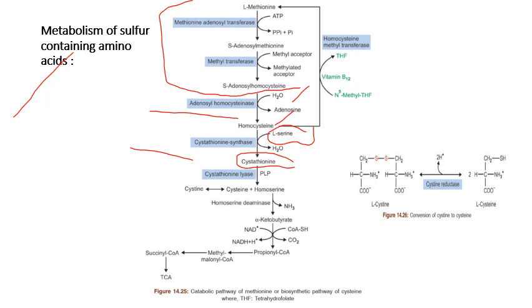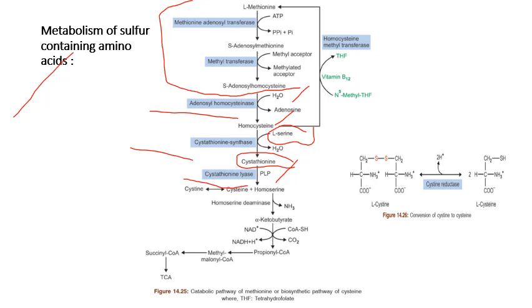Further, hydrolytic cleavage of cystathionine leads to the formation of homoserine plus cysteine by the enzyme cystathionine lyase, and this requires the coenzyme pyridoxal phosphate. Clear?